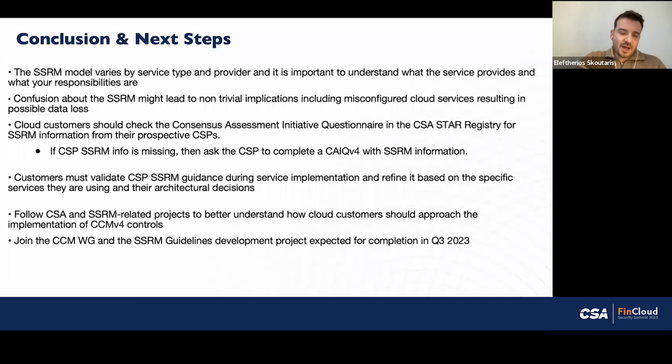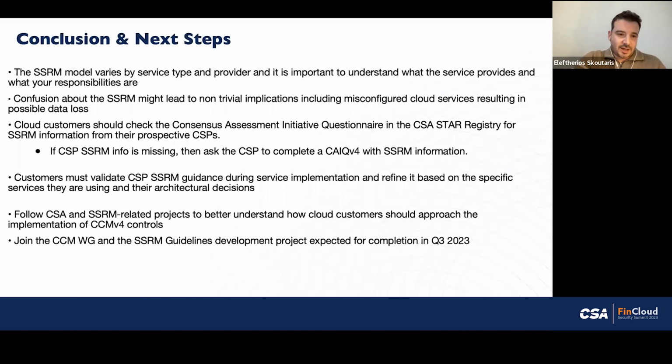The primary objective of the project, of course, is to develop the guidelines for the controls, but there is also a secondary objective, which is to educate cloud customers on how they and their service providers share the responsibility for securing their cloud footprint.